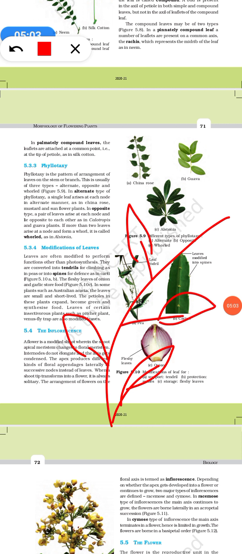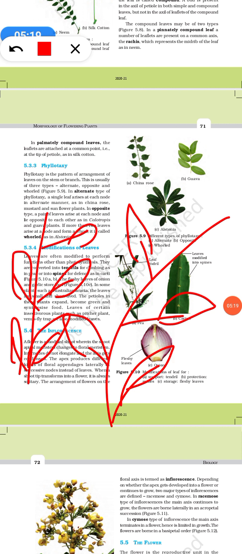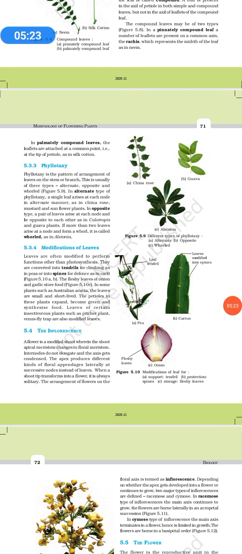So they are alternate to each other. In opposite, a pair of leaves arises at each node. So one leaf is here and one leaf is here, sharing the same node.